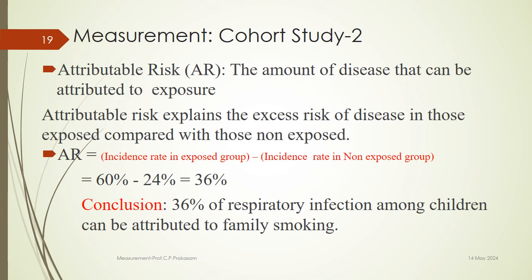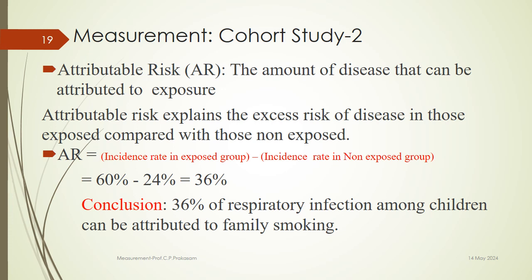Here is the further calculation of the measurement of the cohort study for the same data. Another one is attributable risk, the amount of disease that can be attributed to the exposure. The attributable risk explains the excess risk of disease in those who are exposed compared to those who are non-exposed. Here in our example the exposure is smoking and the disease is respiratory disease.